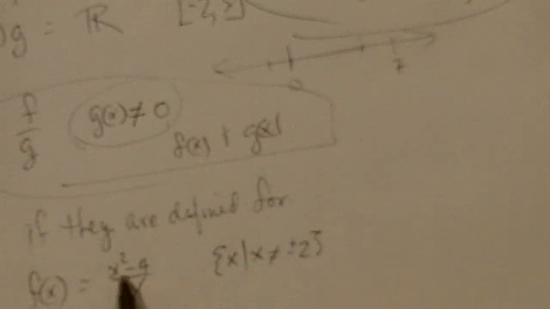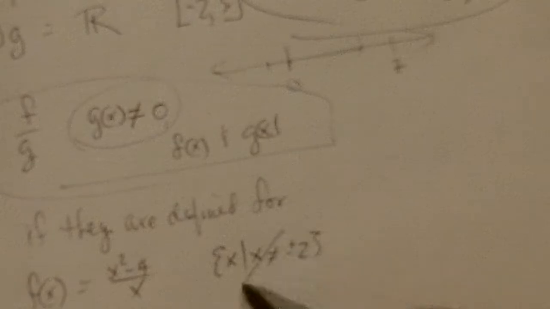Well, plus or minus 2 makes the numerator 0. There's no problem with that, so this is not true. The only problem is x equal to 0, so the domain would be the set of all numbers such that the numbers are not equal to 0. That would be the domain.